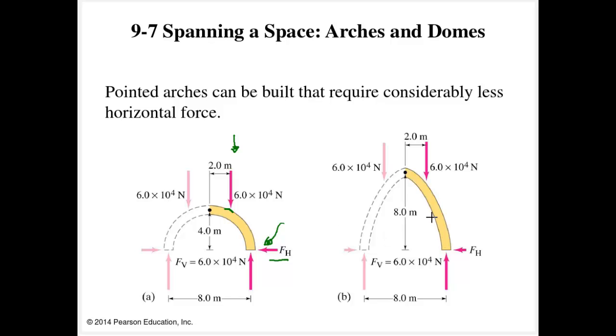However, if I build my arch to be much steeper, the angle is also steeper, and conceptually you can see that this horizontal component is going to be much smaller, which, if this arch is not part of a bridge and you need to support it externally, lowering the forces is going to be good when we're talking about stress, fracture, and strain.